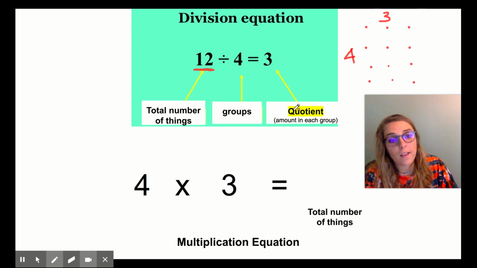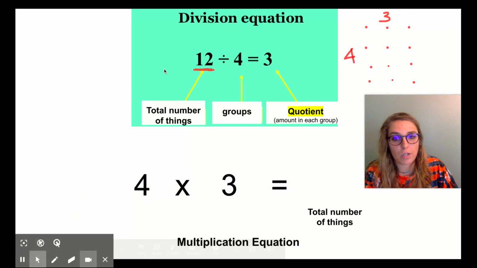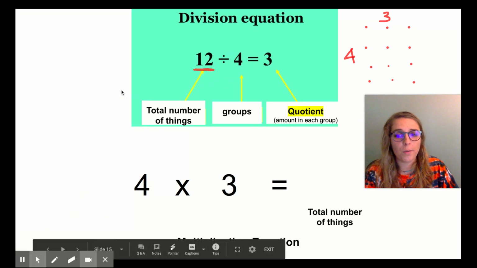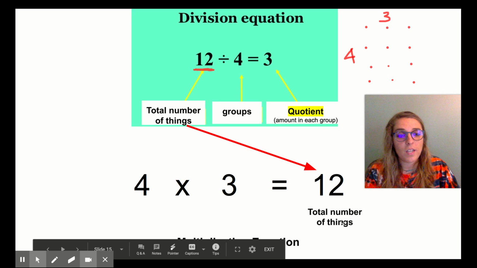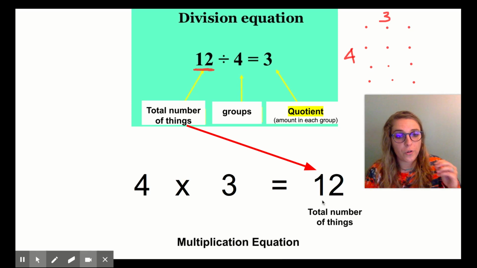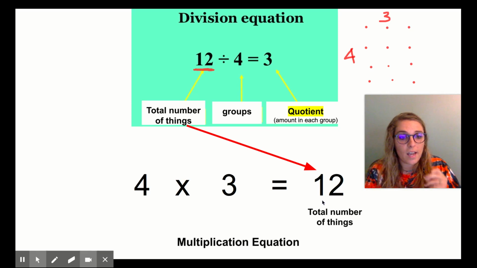Now, when I write that like a multiplication equation, this is how I would translate it. The total number of things, indicated by the first number in the division equation, becomes my product. We know that the answer to a multiplication equation, or the total, is a product. Some of you were talking with Ms. Hendricks and Mr. Cody yesterday, and we seem to be really tricked up by that word product.